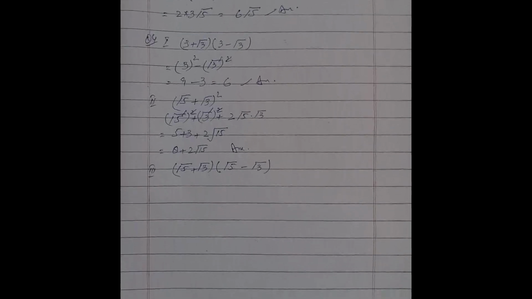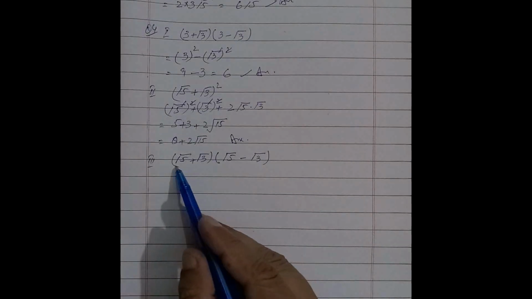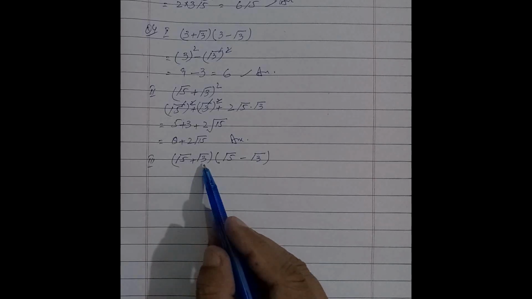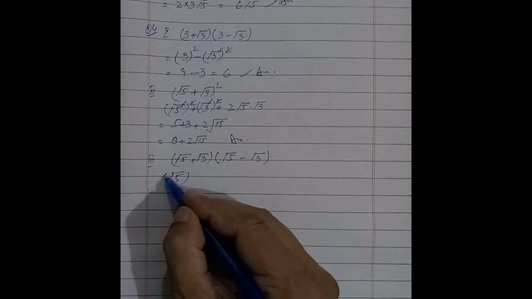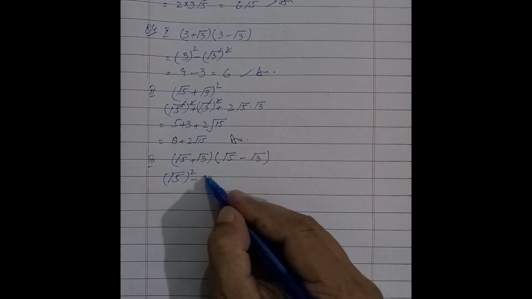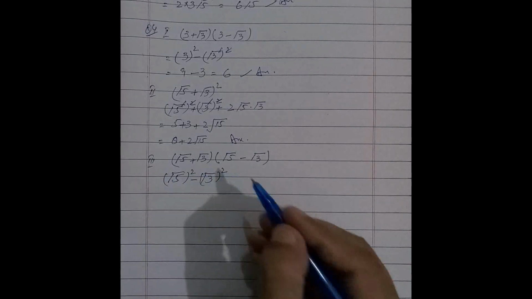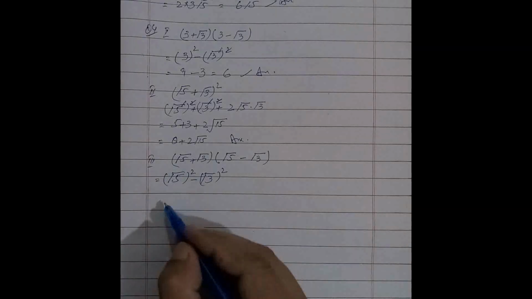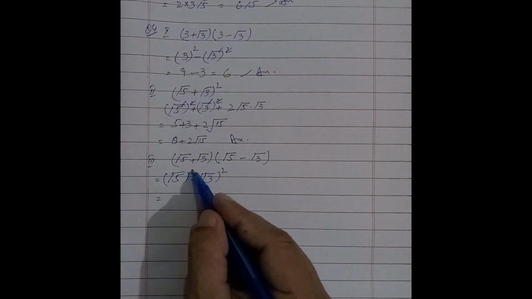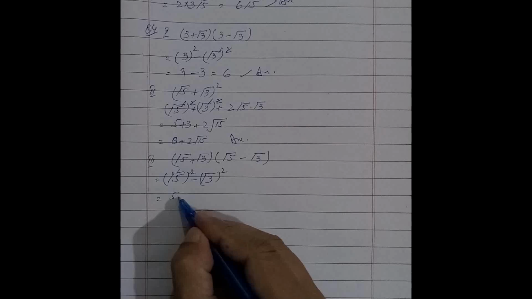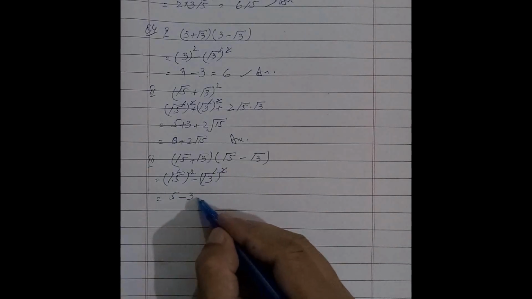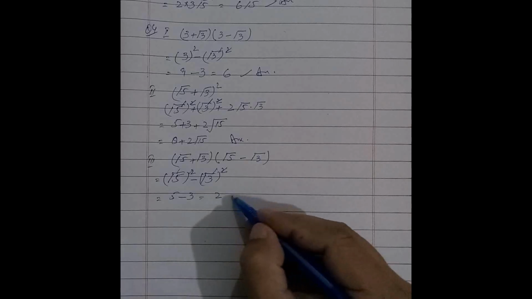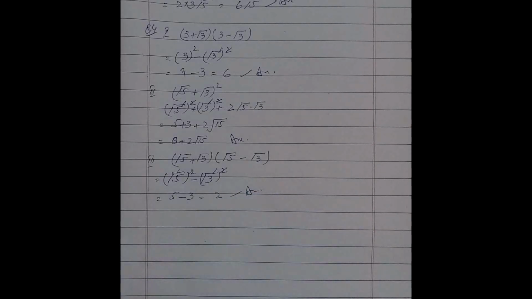Now we apply the formula in which a is √5 and b is √3. (√5) whole square minus (√3) whole square. Now simplify it. Square and square root cancel, we have 5 minus 3. So 5 minus 3 is 2. Answer.